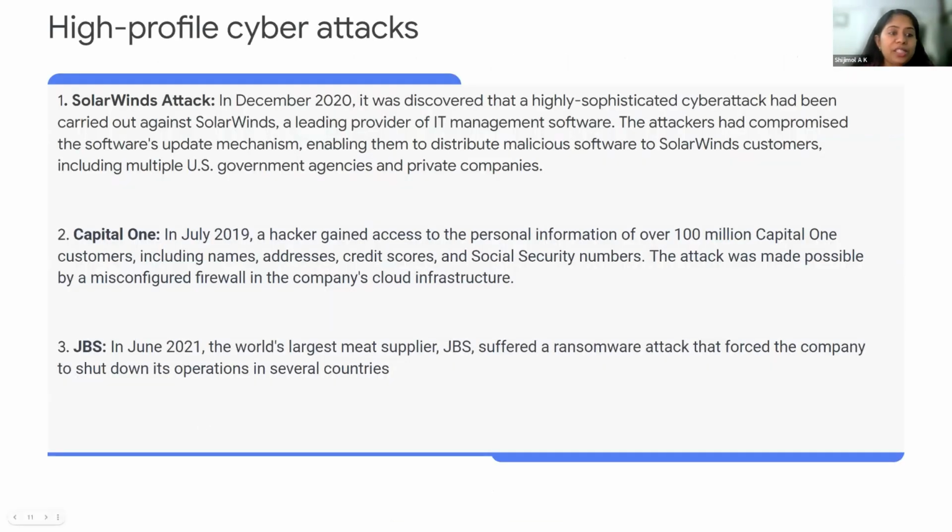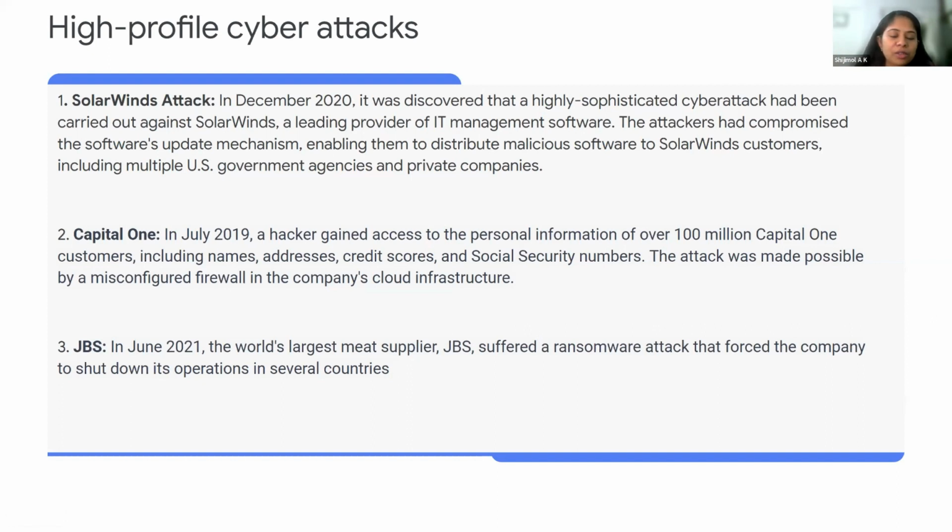Now, if you look at the history of cyber attacks happening in the world, some of the recent attacks are testimony of how attackers are organizing their attacks to look at these cloud native vulnerabilities. The SolarWinds attack happened in 2020, and I'm sure most of you must have heard about it. It is a highly sophisticated cyber attack carried out against SolarWinds, a leading IT management software.